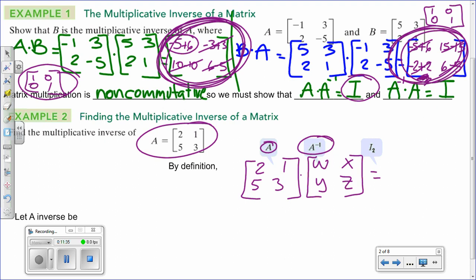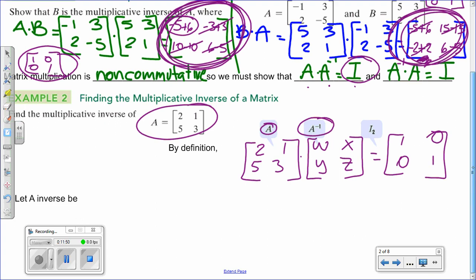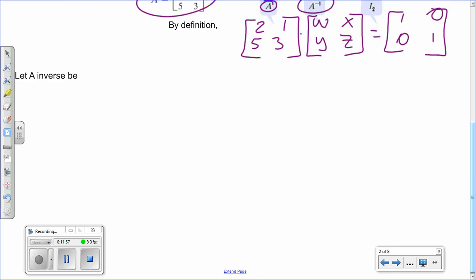Identity. So what is the identity for a 2 by 2? 1, 0, 0, 1. And so if I was to create a system of equations, you guys are not going to have to find them this way. I'm just explaining it to you.